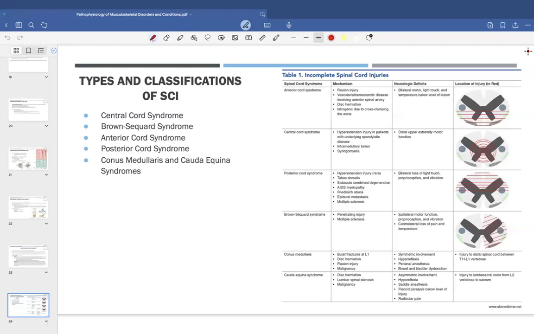Central cord, often hyperextension, okay, in patients who have some type of spondylolysis, already have a problem with the alignment of the spine, or an intramedullary tumor or syringomyelia.